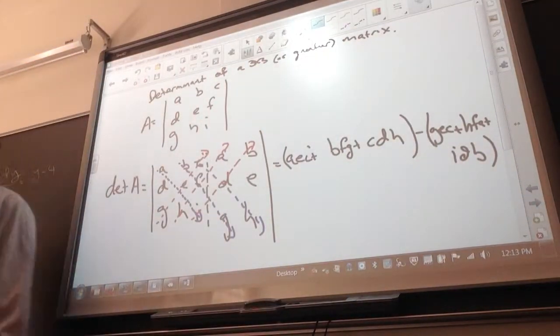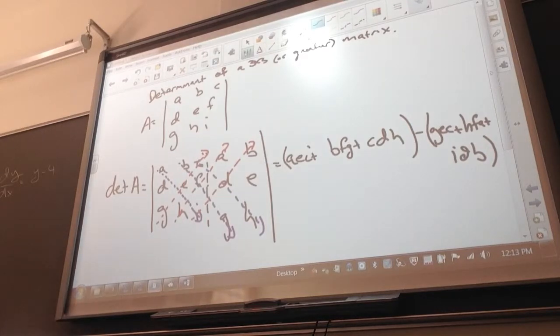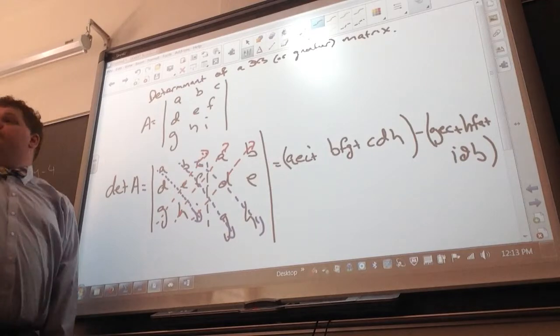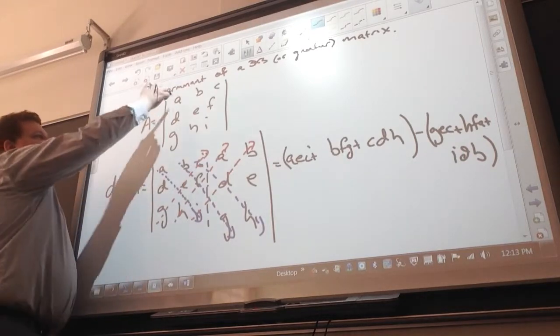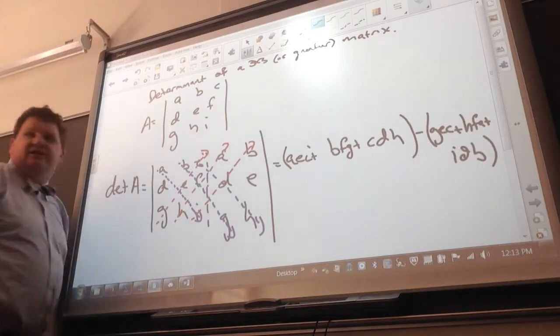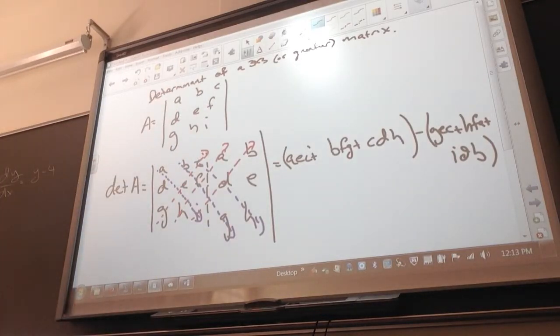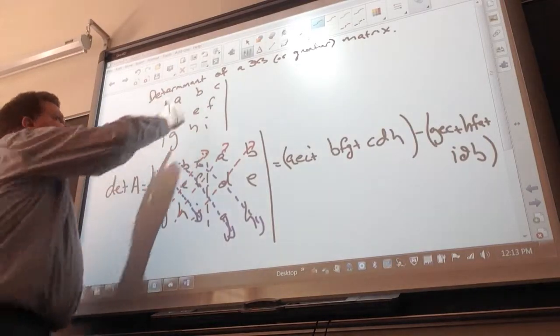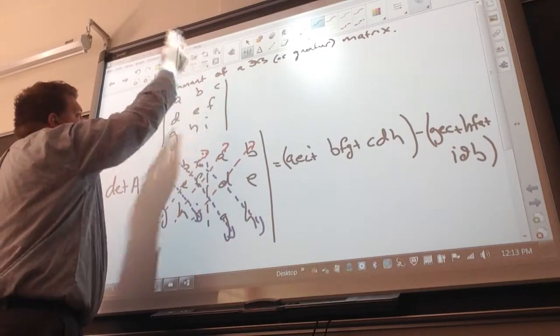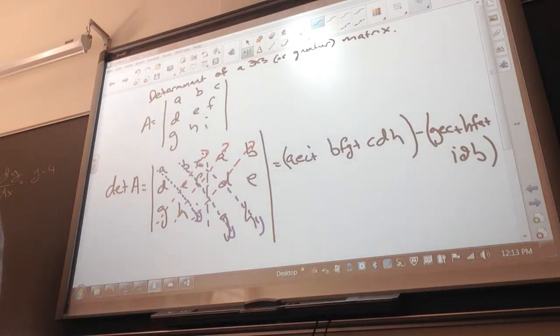There's another way of doing this, by the way. I know some people who don't write the augment. They just realize you wrap around. So it goes AEI, BF, then wrap around the G, C, wrap around the DH in the one direction, and then do the same thing in the other direction. GEC, HF, wrap around the A, I, wrap around the DB. And that gives you the same results.